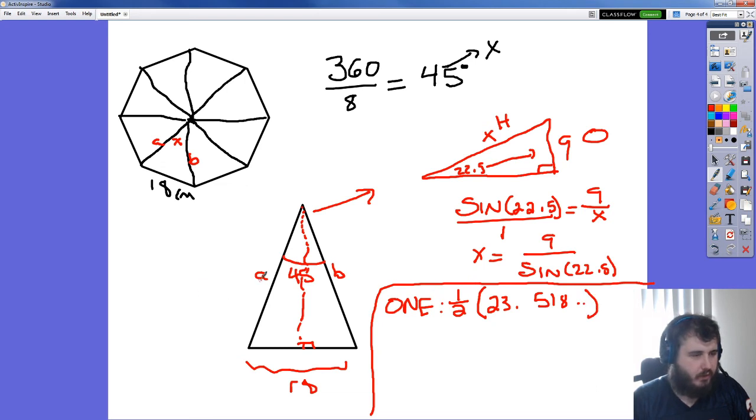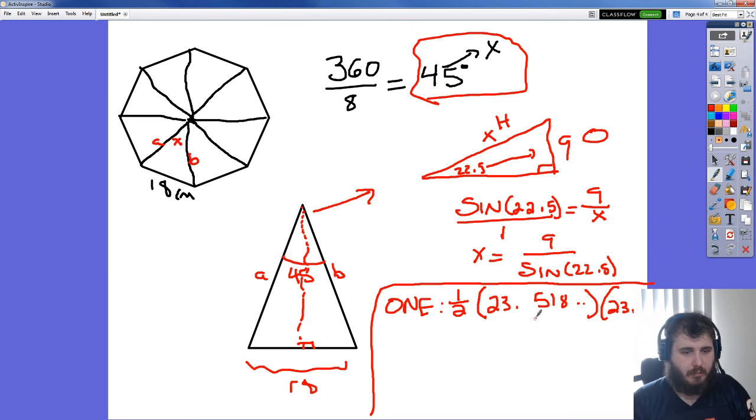That's your A, right? And then your B is the same thing, 23.5 something, times the sine of the angle of the triangle, this guy right here, the x, the 45, right? Times sine 45. I got you. I'm going to finish writing this down, because basically once you do this, you just plug it into the calculator.